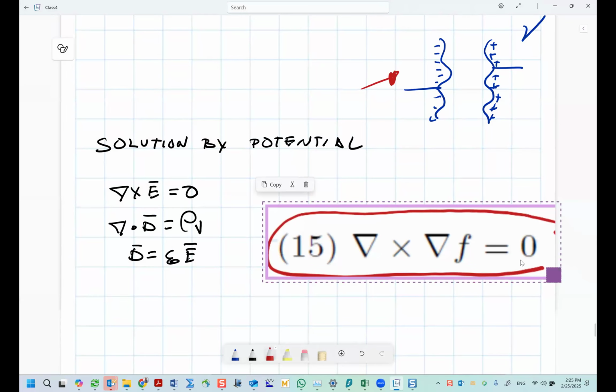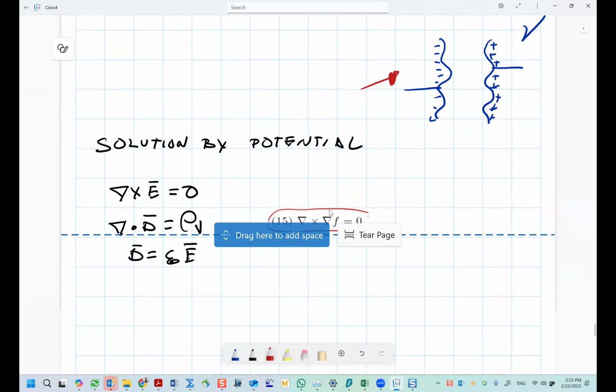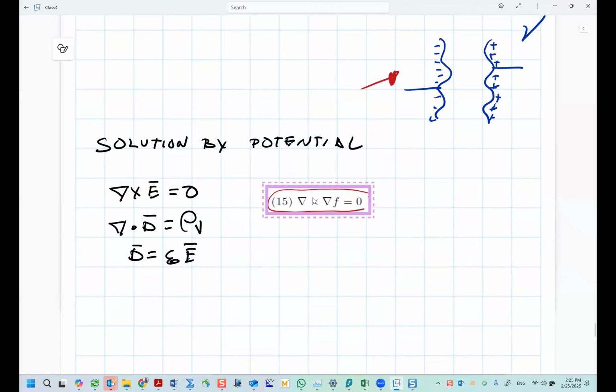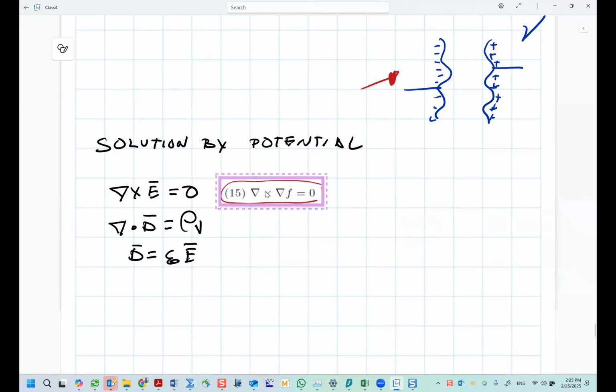Reduce it. Okay, I have this equation that I am putting on purpose next to that one.